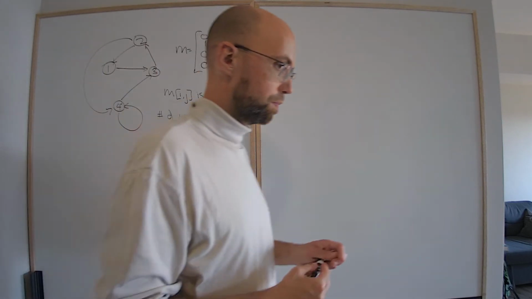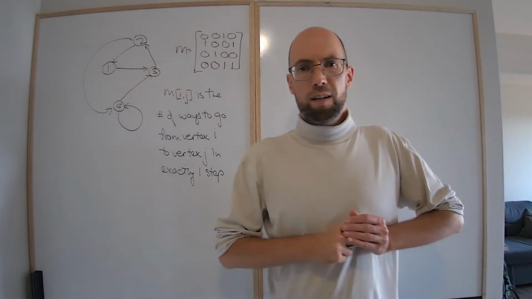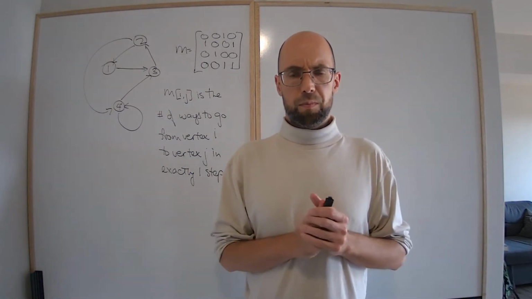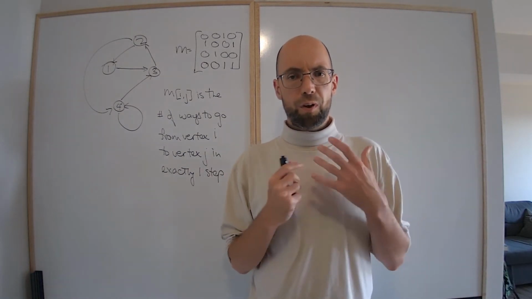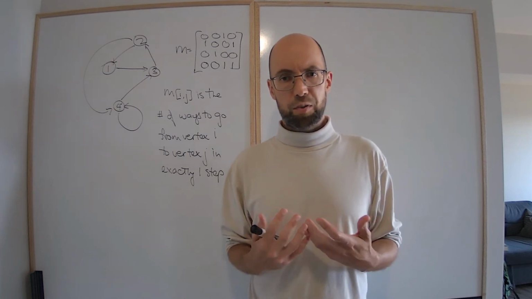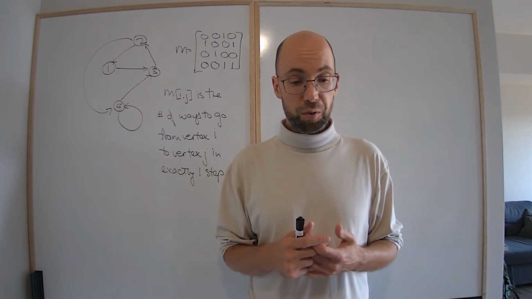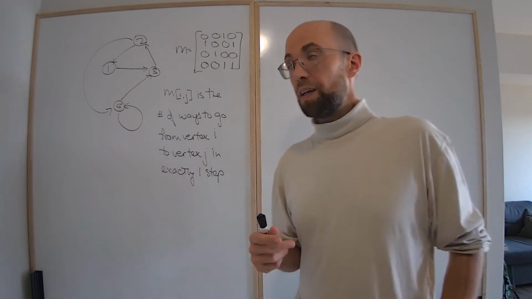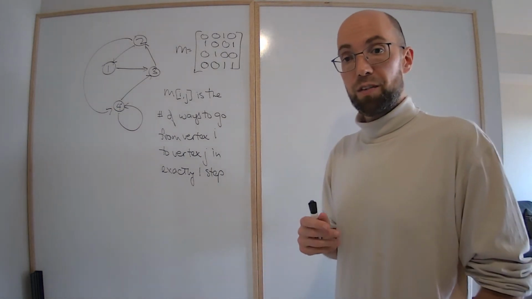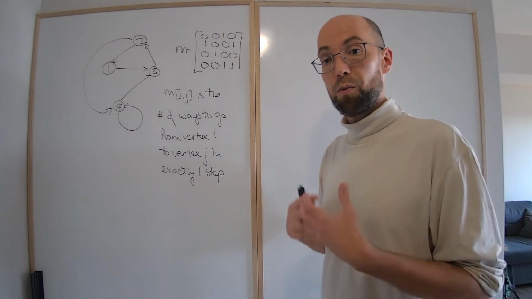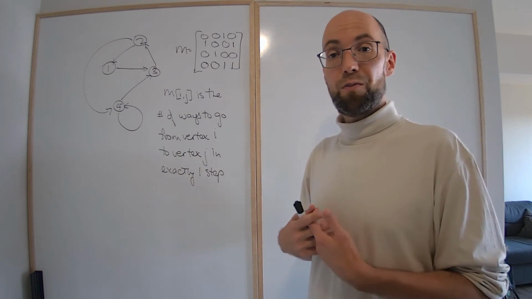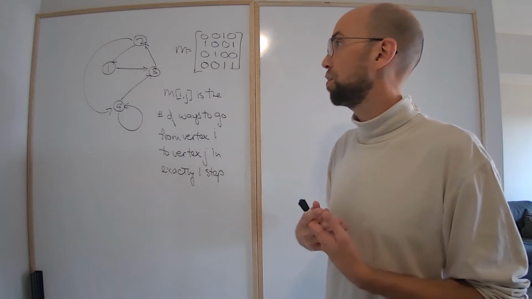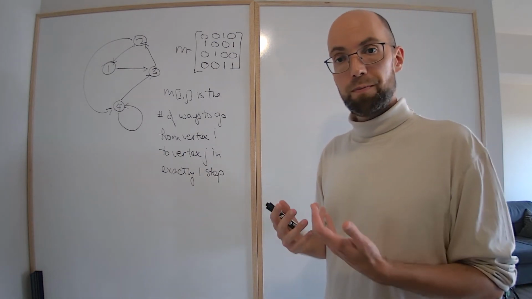Okay. So, great so far, but we didn't want one step. We wanted 8 steps. So what can we do? Well, suppose that we know how to do it for 1 step. How would you count the number of ways in 2 steps?